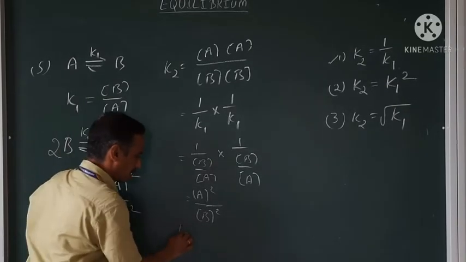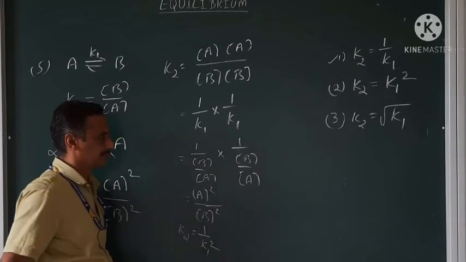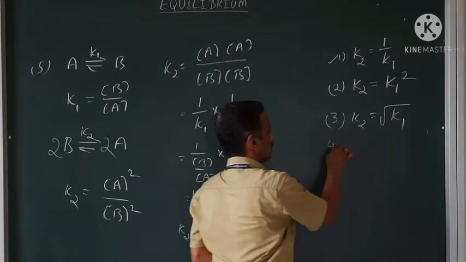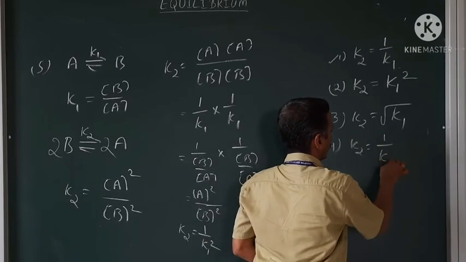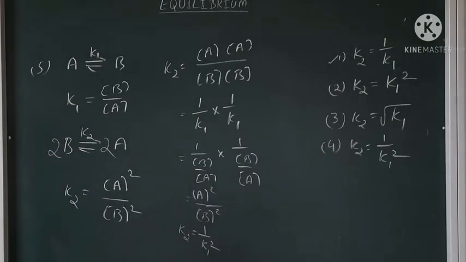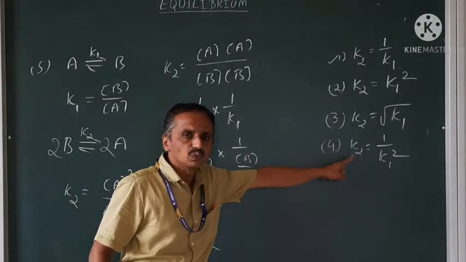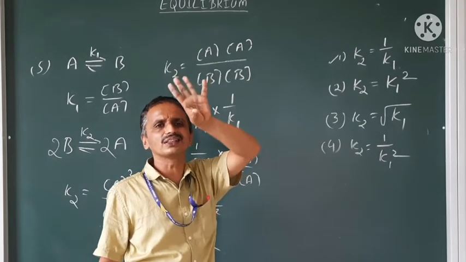Means K2 is equal to 1 over K1 square. So fourth one, K2 is equal to 1 over K1 square. This is when the reaction is reversed and the concentration is doubled.